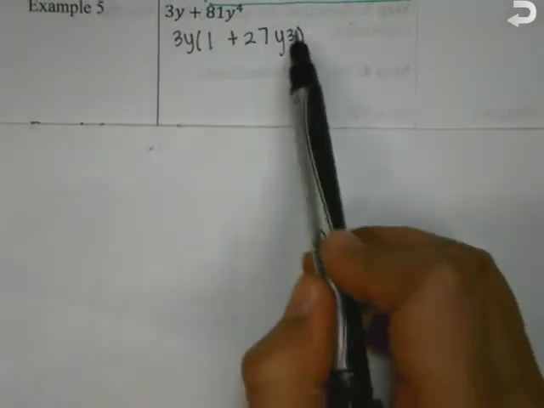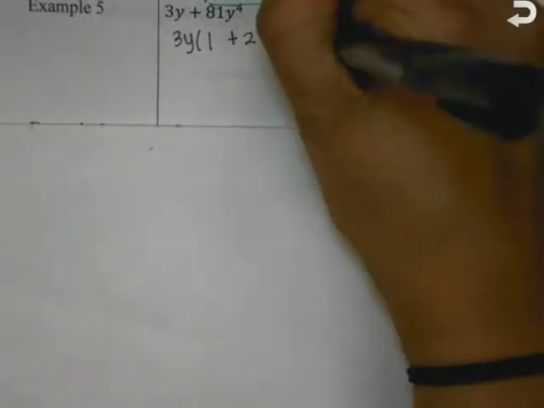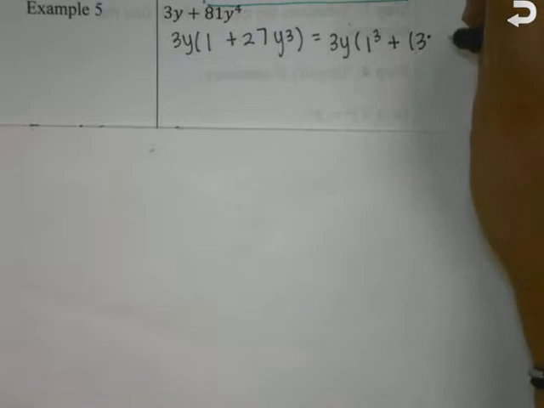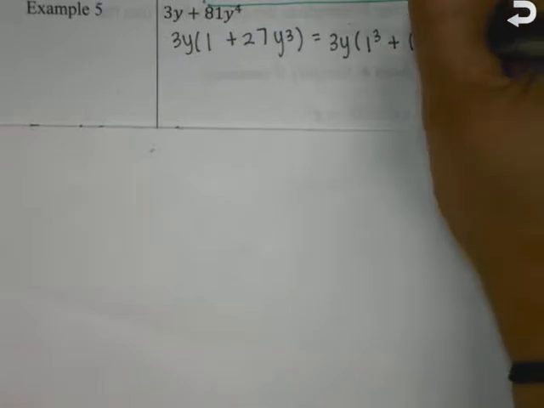Okay, this obviously is not our base, so how would I rewrite that? That's going to be 3y times 1 cubed plus, how would I rewrite 27y cubed? We just did this. 3y parentheses cubed. Okay.